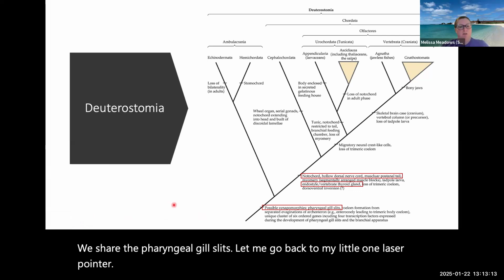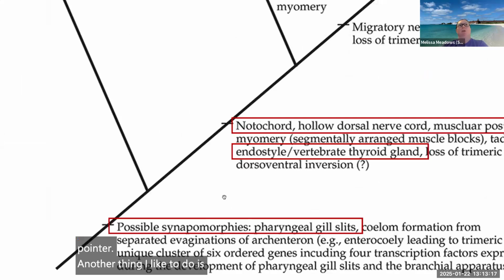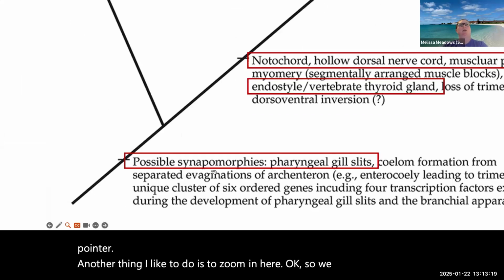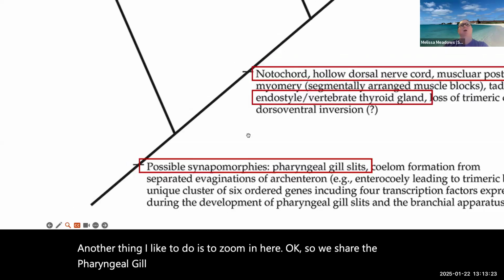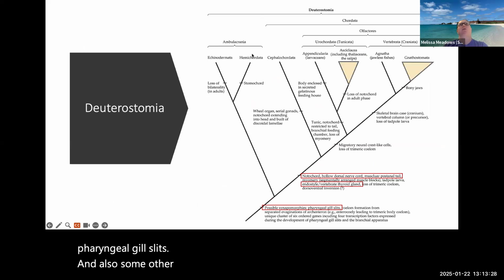Another thing I like to do is to zoom in here. Okay, so we share the pharyngeal gill slits and also some other characteristics with the ambulocraria, which are the echinodermata and the hemichordata.